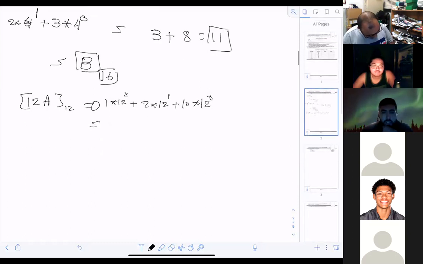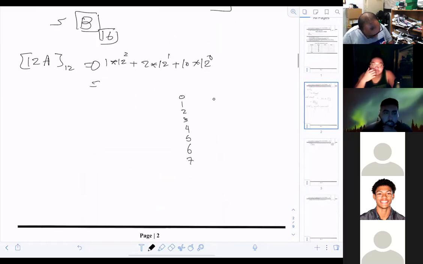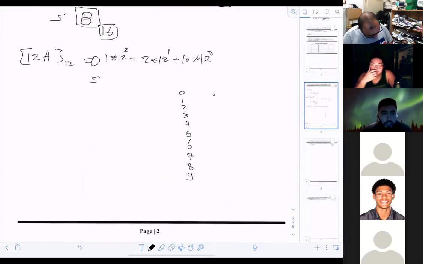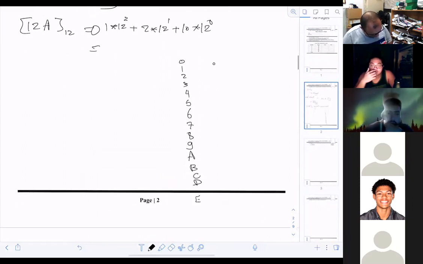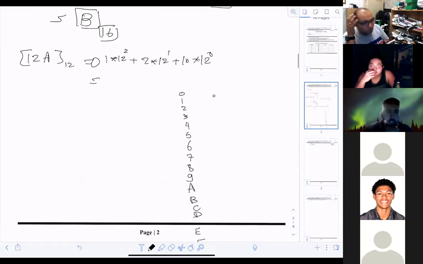So base 16 is basically 0, 1, 2, 3, 4, 5, 6, 7, 8, 9, A, B, C, D, E, F. Those are the hexadecimal digits, right? If I would like to convert 12, 0 to 11, right, that would be C.